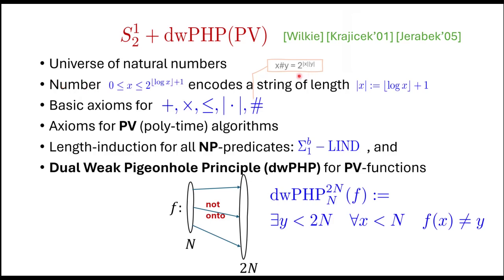We need this smash function in order to be able to encode things, and also to express polynomial time and polynomial growth in the length of strings. So the axioms for PV, polynomial time algorithms: again, I'm not describing it precisely. It's a set of recursions based on Cobham recursion on notation that defines all possible polynomial time functions.